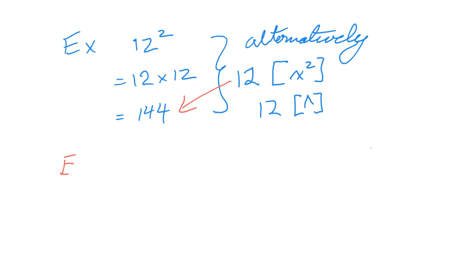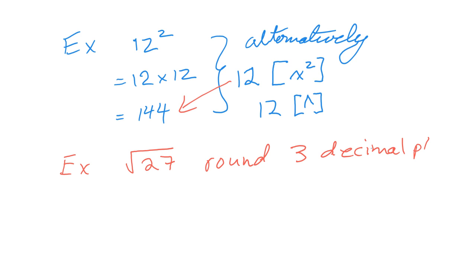This type of problem, what do we call this? Let's say we have the square root of 27 and we need to round it to 3 decimal places. How would I do that on my calculator, guys? Literally on your calculator, you hit the square root button and then type 27.